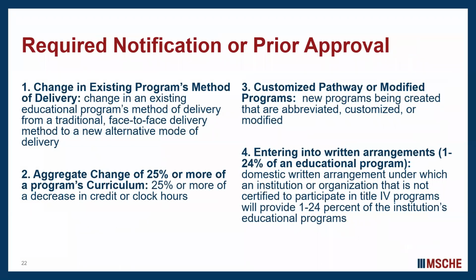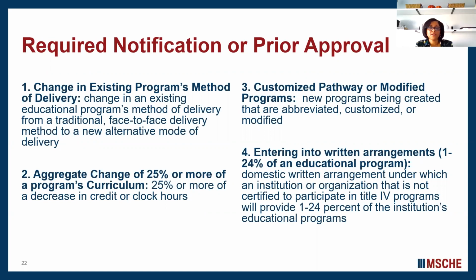It seems like number 2, the aggregate change of 25% or more, and number 4 are two hot topics coming in through the chat. Could you provide an example of number 2 and an example of number 4?